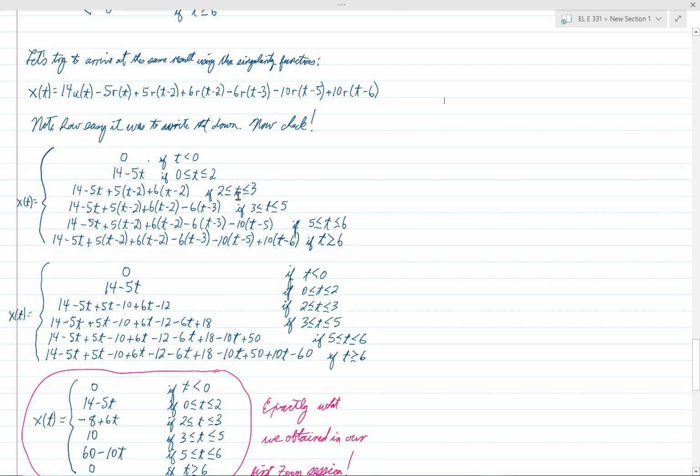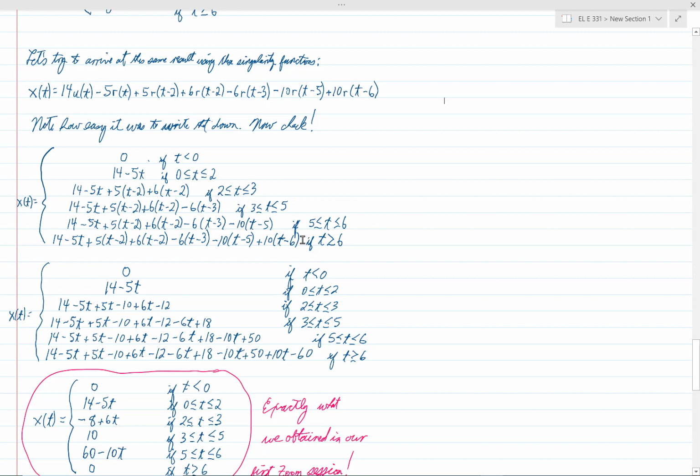And then we move to the next region, and again we bring down everything from before, but now that we go between 5 and 6, this turns on. So now we have minus 10 times t minus 5. And finally, once we get past 6, everything is turned on, and so we'll add in this last term.